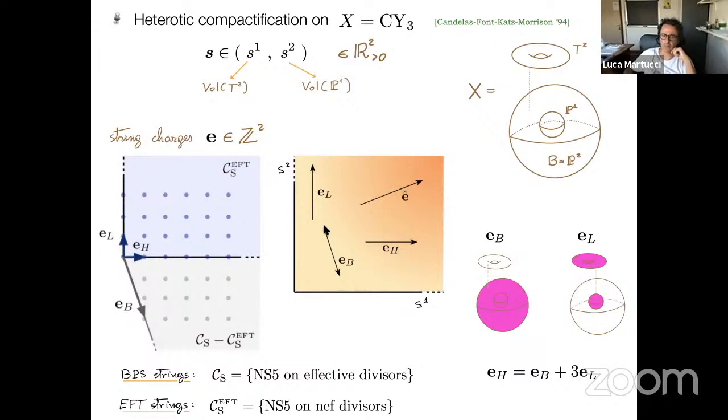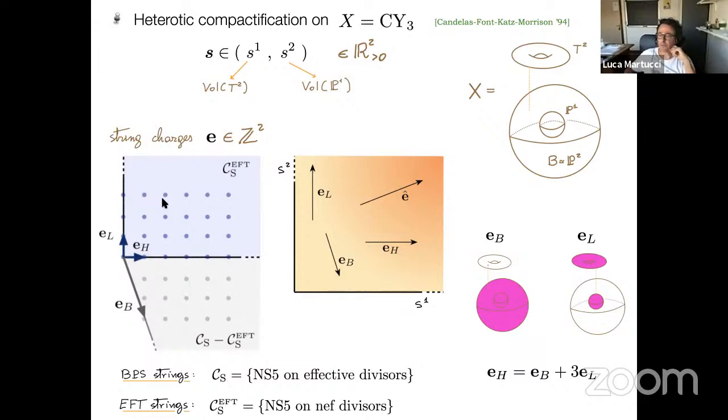So if you start, for instance, from this point inside this axionic cone, which is nothing but the Kähler cone of this space, then at some point, actually at finite distance, you will reach the boundary, the finite distance boundary of this Kähler cone, and in this region, the perturbative approximation breaks down. Worldsheet instanton corrections should be taken into account. Okay. On the other hand, this is true for all these charges here in this gray region.